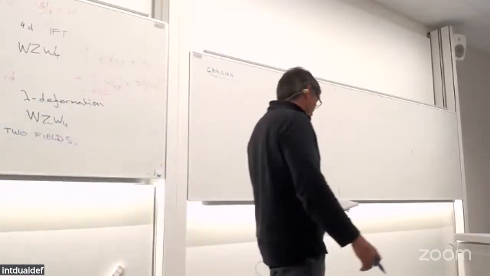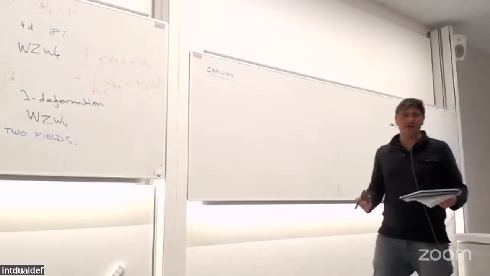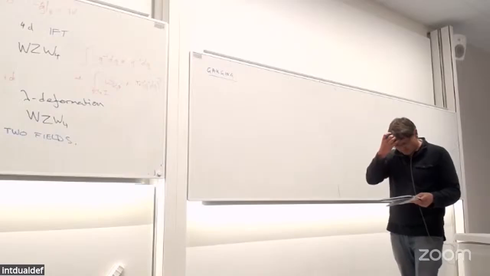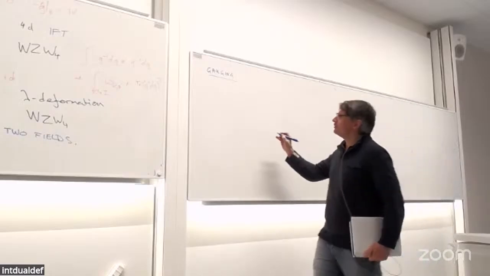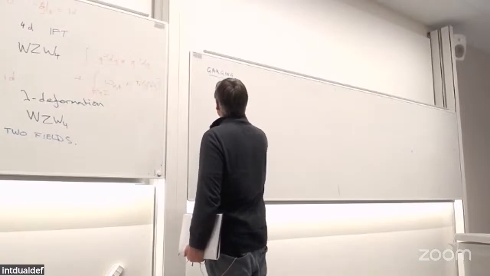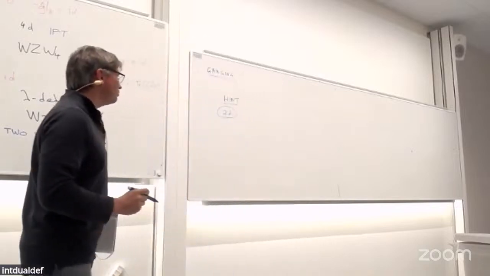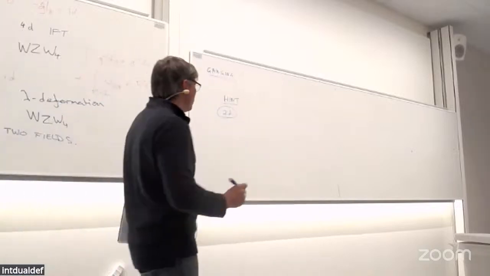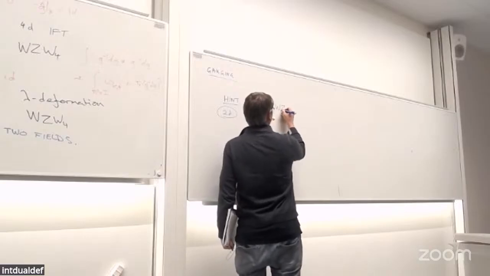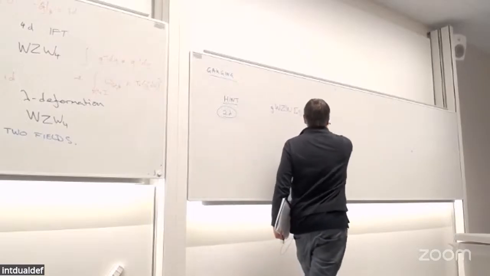And initially I had no idea how on earth you would gauge a gauge theory. It seemed like a complete mystery. I didn't really understand. But there's a hint. Now, this is quite an important hint. This is a calculation every single grad student should do. So there's a notion of the gauged Wess-Zumino-Witten model.